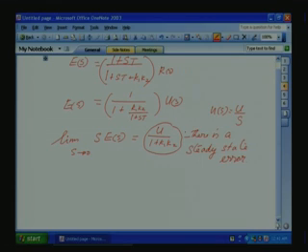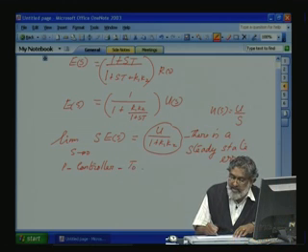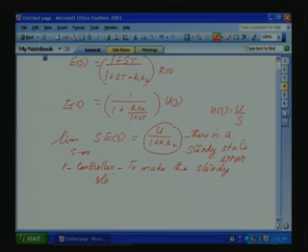So, with the P controller, to make the steady state error 0, K1 should be very high.